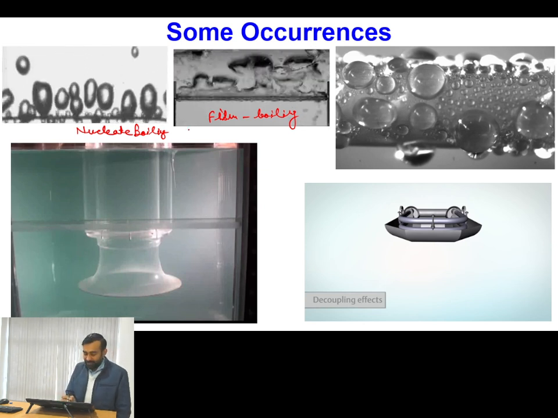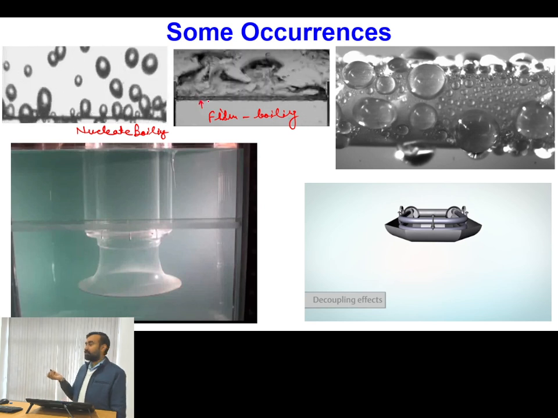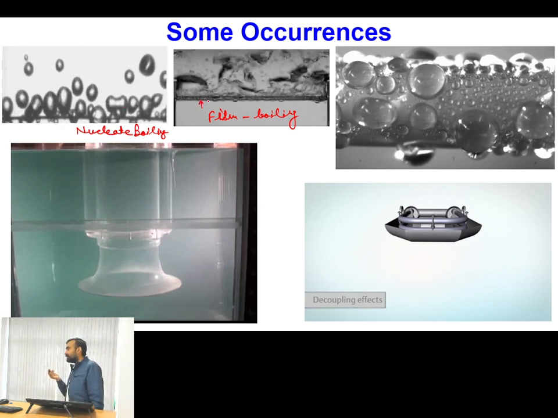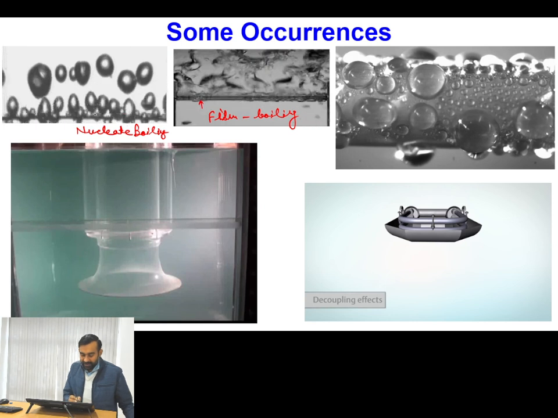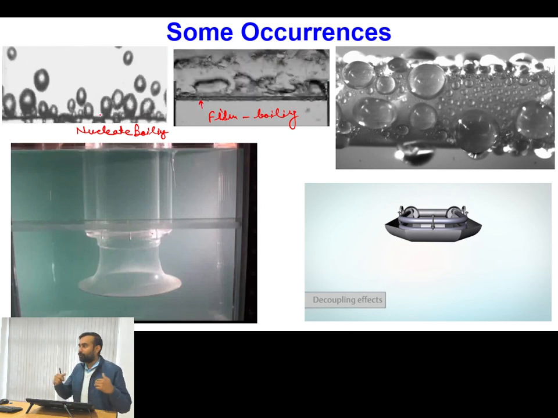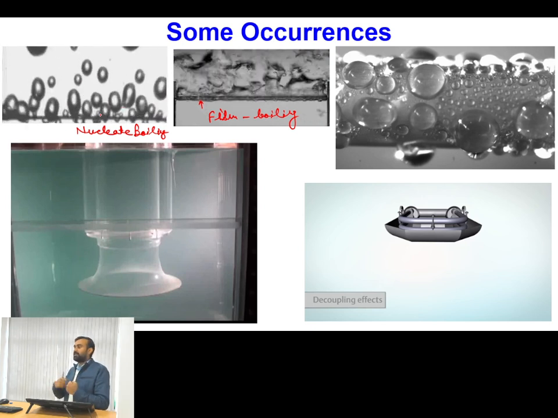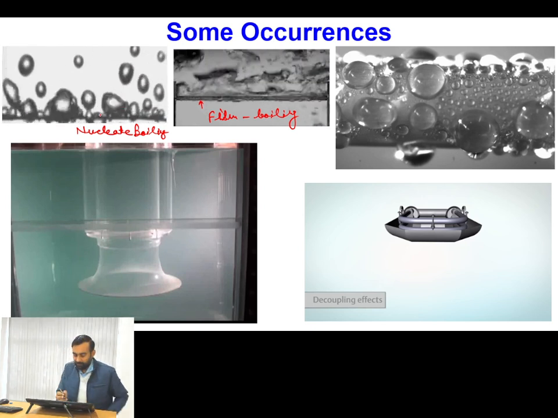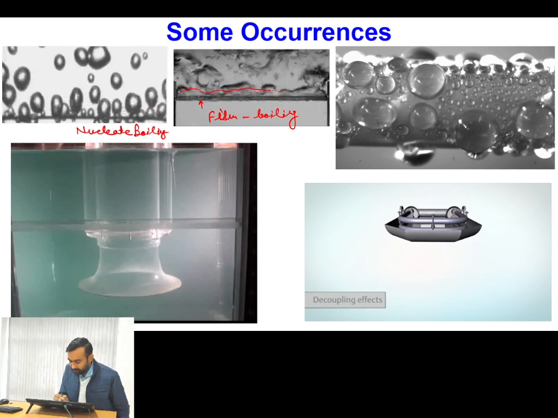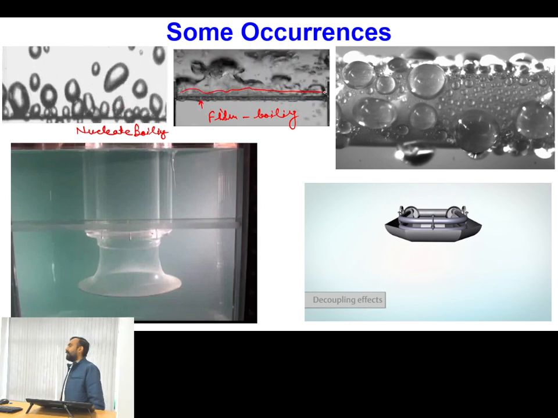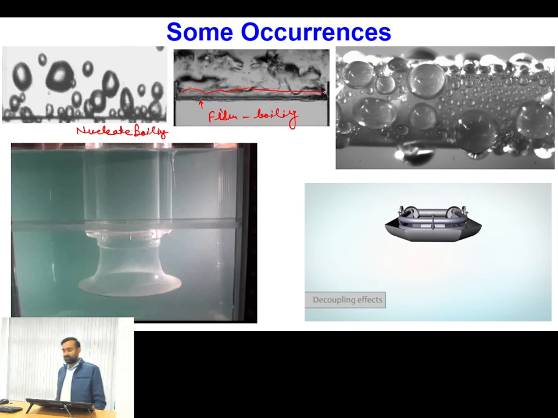But if we increase the surface temperature of the heater surface in such a way so that the bubbles which are growing on the heater surface, before their departure, if these bubbles are merging with each other, it will be forming a continuous vapor film across the heater surface. Okay, so this is a film boiling.